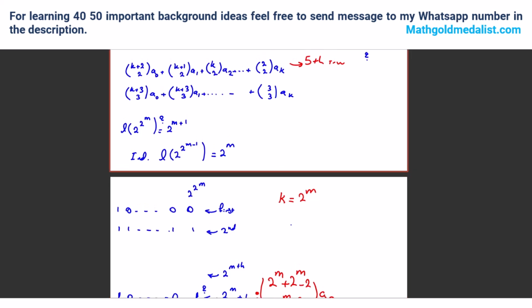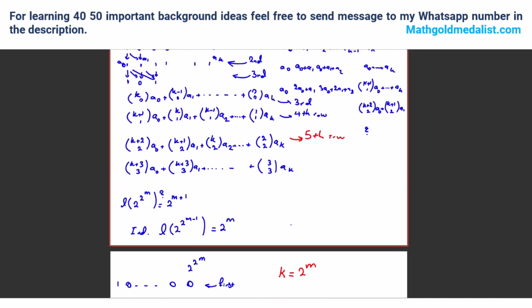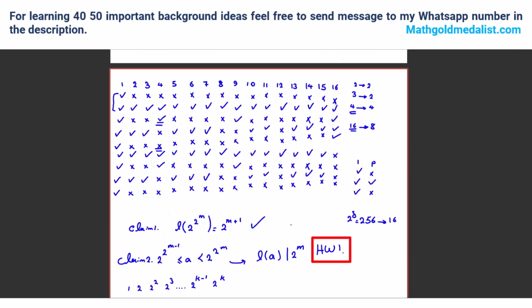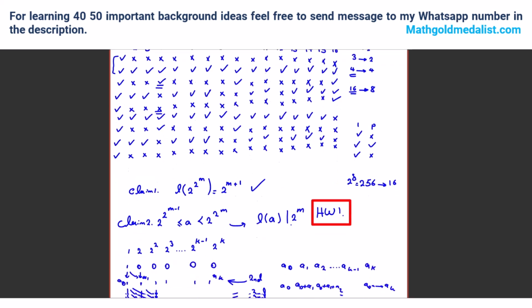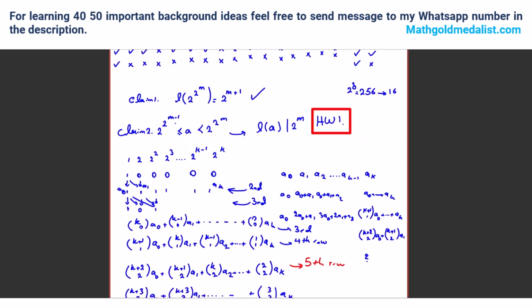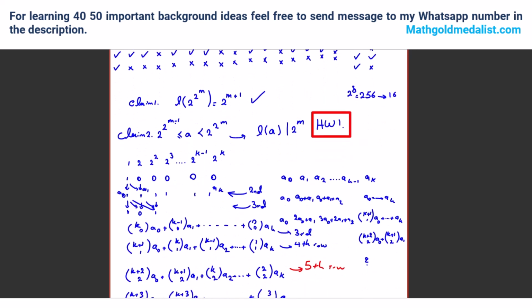When L of 2^(2^m), we proved is m plus 1, right? It was claim 1. And we use the hockey stick identity for solving this, right? Now, if you prove this part, do you agree the problem will be solved?